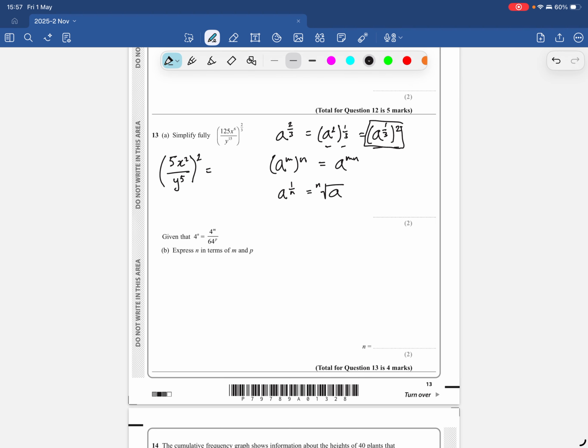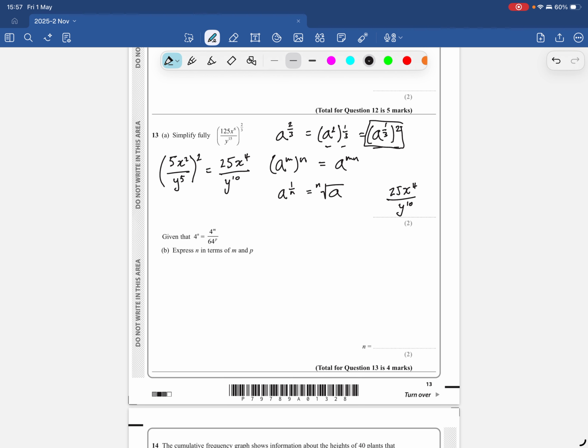And that's going to give us 25 x to the 4 and then y to the 10. That's the answer to this first one: 25 x to the 4 over y to the 10.